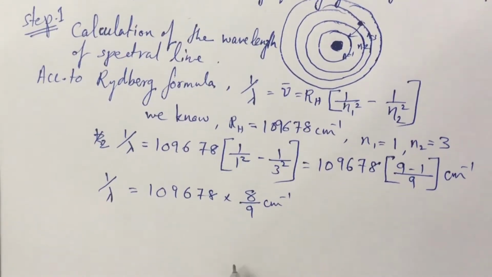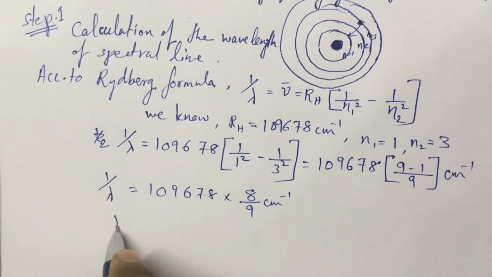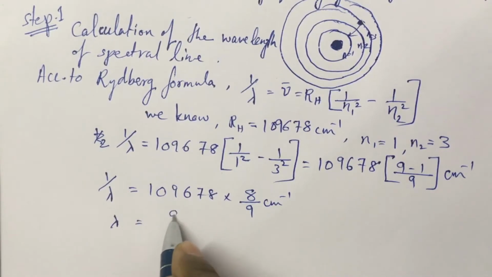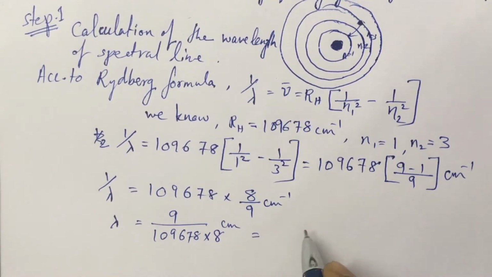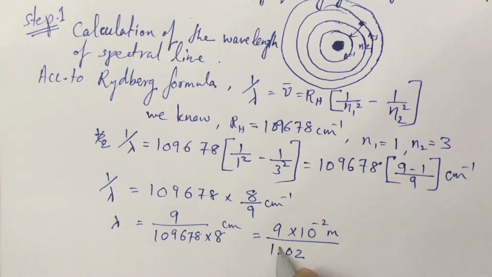Now if it is 1 by lambda, then lambda is equal to 9 divided by 109678 into 8 centimeter. That is equal to 9 into 10 raised to minus 2 meter divided by 109678 into 8.